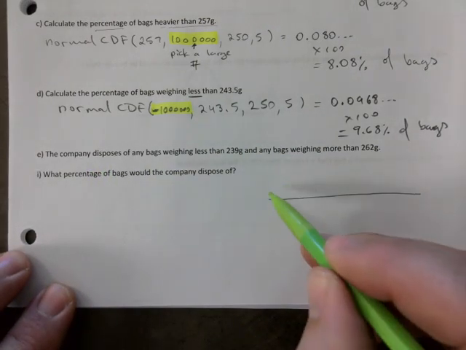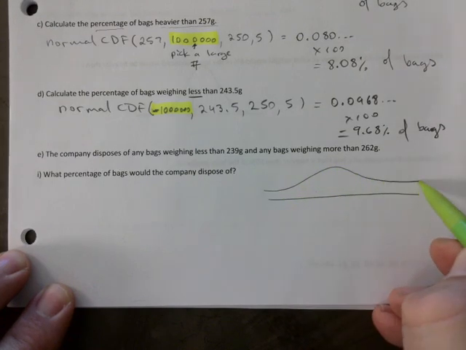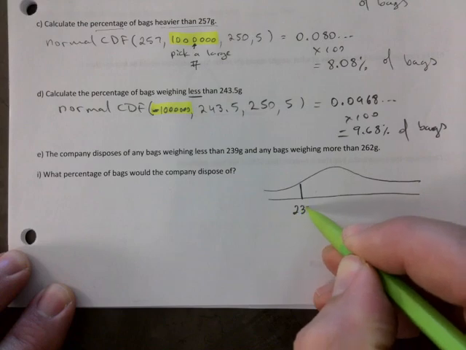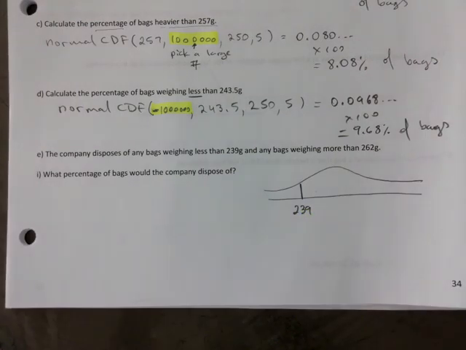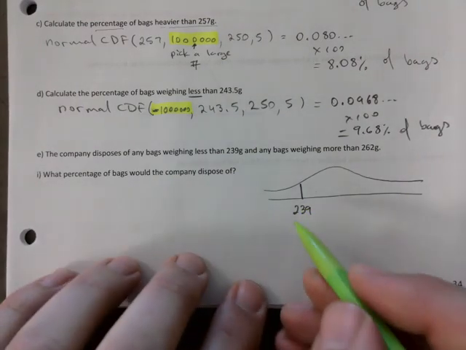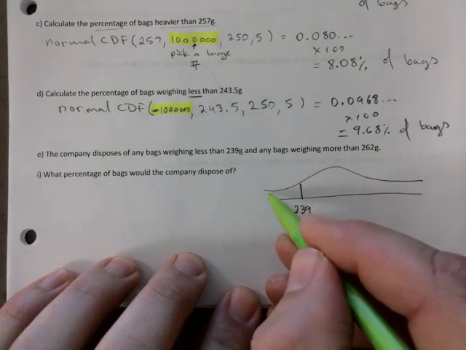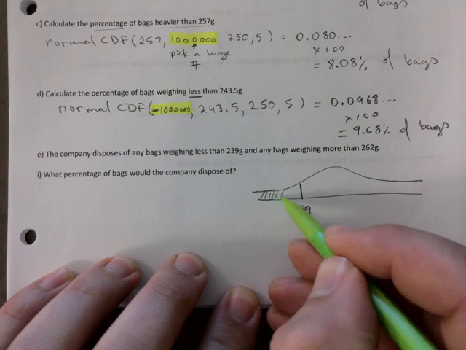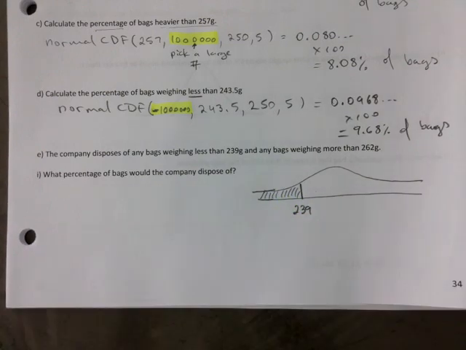Let's make this sketch here if you don't have it. 239 is somewhere over here. This is the 239 mark. I just base it on my nice graph up there. So anything less than, right? This is going to be disposed of. Anything that's to the left of 239, they're disposing them.